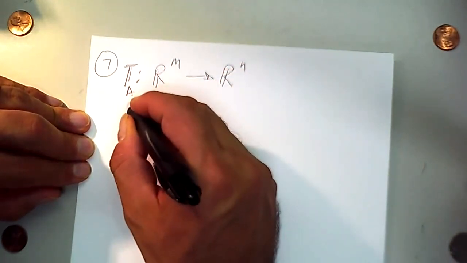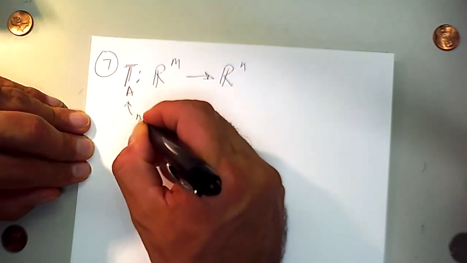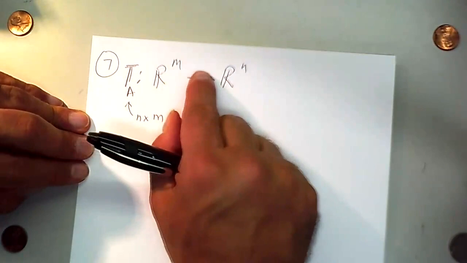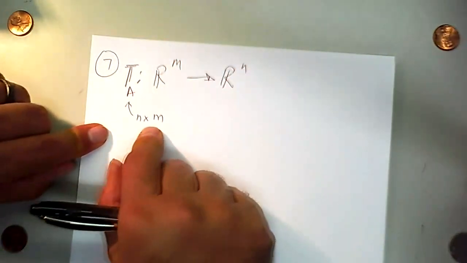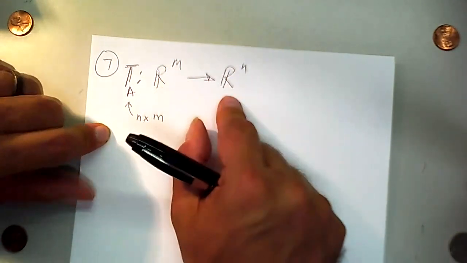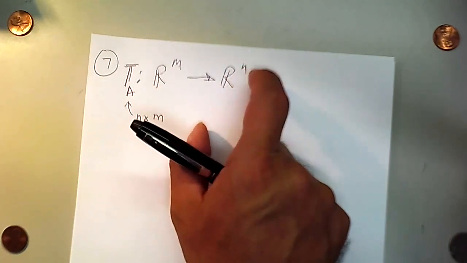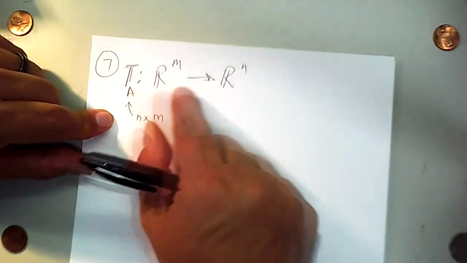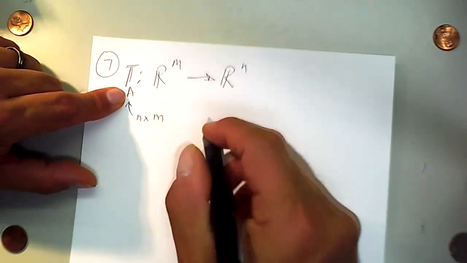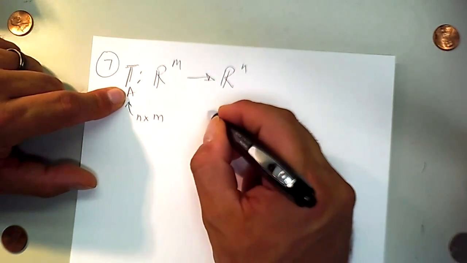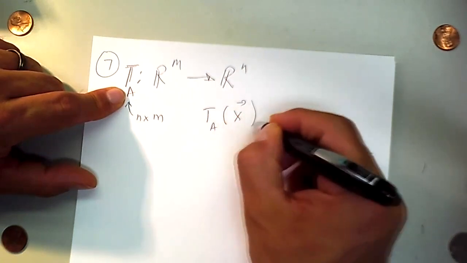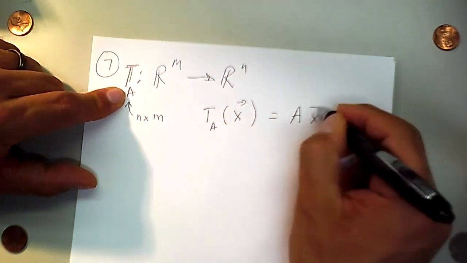So the matrix A has to be n by m. And different books use m and n differently, so watch out. If you have m in the source vector space and n on the target vector space of the transformation, then the matrix we multiply by has to be n by m. And we can define T sub A of the vector x as Ax.